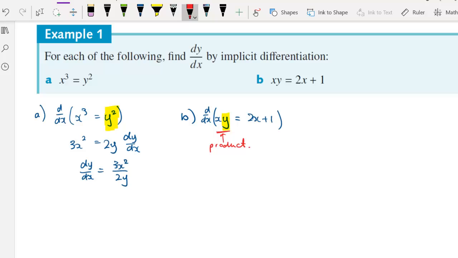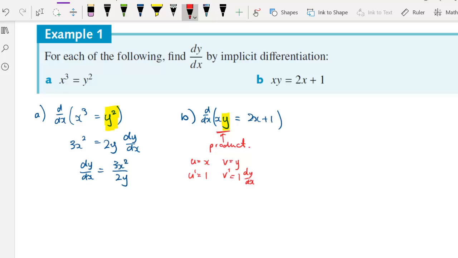So if we treat that as a product, we've got a u and a v, which is x and y. Derivative of x is 1, and derivative of y is 1 multiplied by dy/dx.